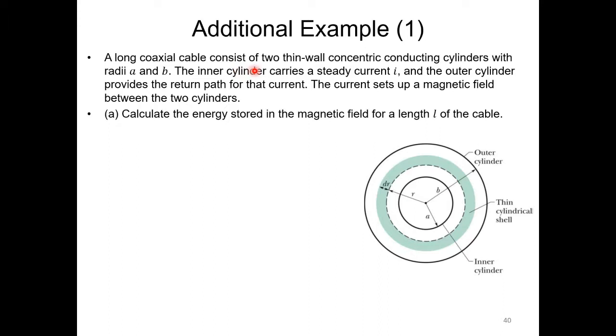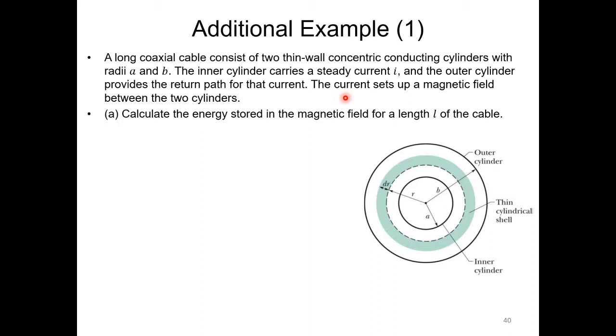For this one, a long coaxial cable consists of two thin-wall concentric conducting cylinders with radii A and B. So this is a coaxial cable, which means two layers, one inner layer and one outer layer. This is A, this is B. So the inner cylinder carries static current I going maybe into or out of the page, and the outer cylinder provides a return path for the current.